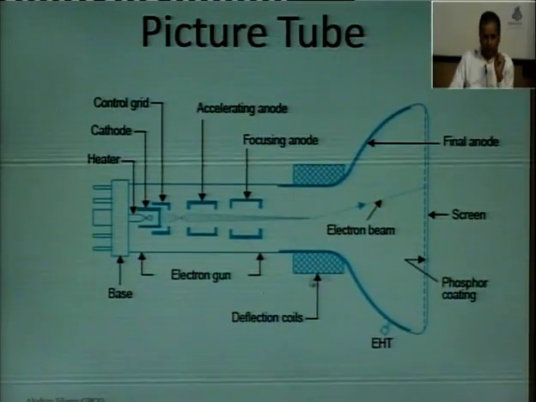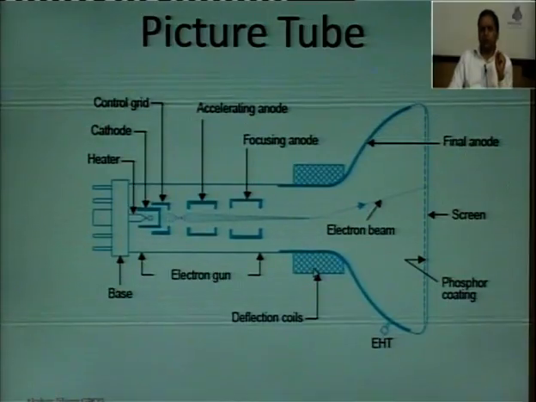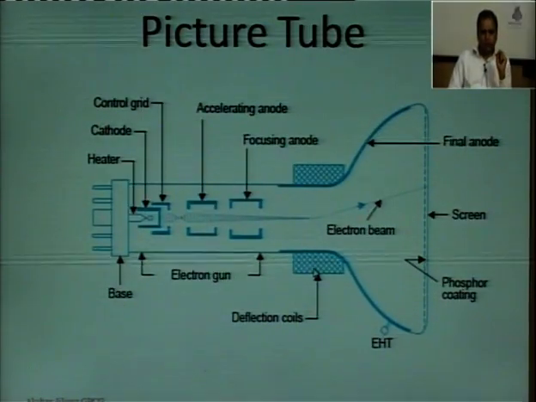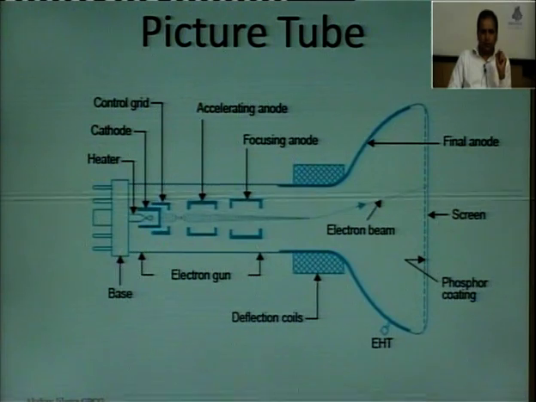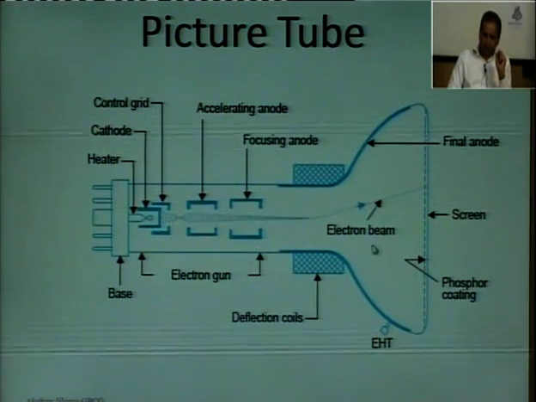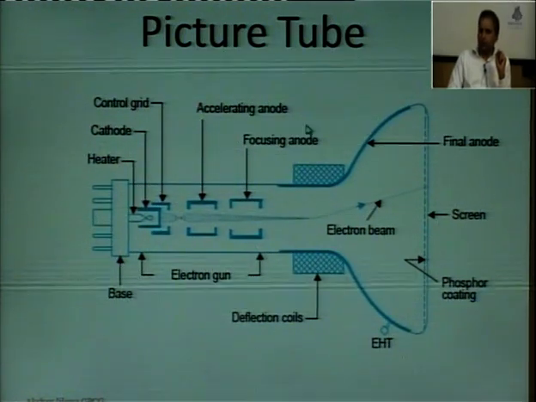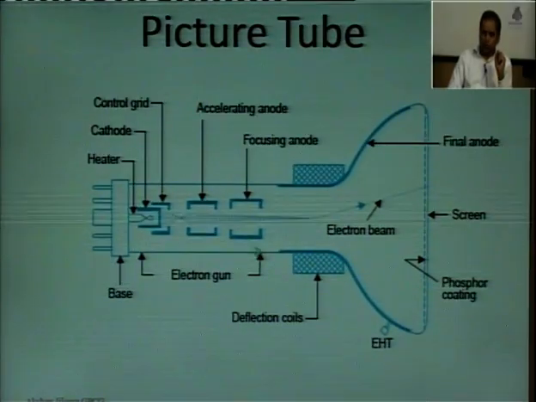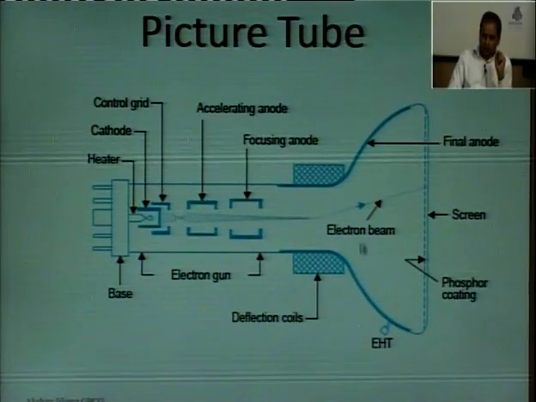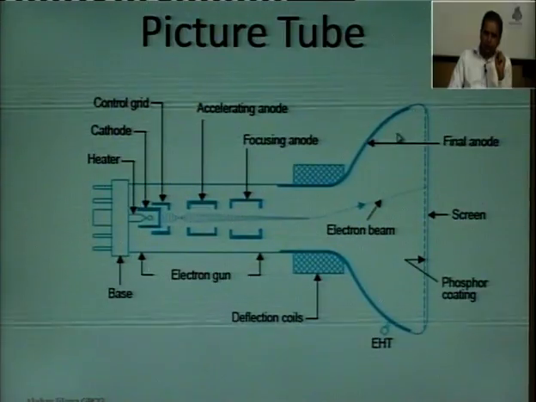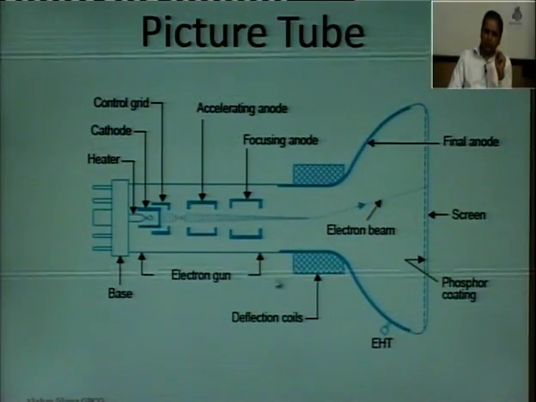Then we have deflection coils. The purpose of the deflection coil is to deflect the beam spot in various directions. Those directions are left to right and top to bottom. So, when this electron beam moves, these electrons move from left to right under the effect of the deflection coil.